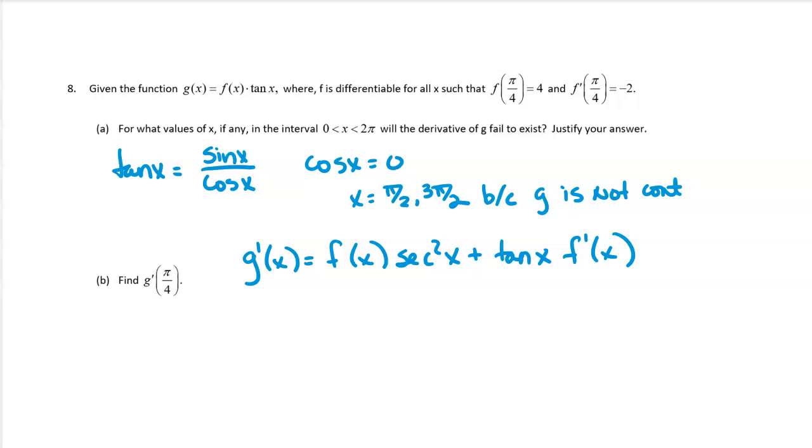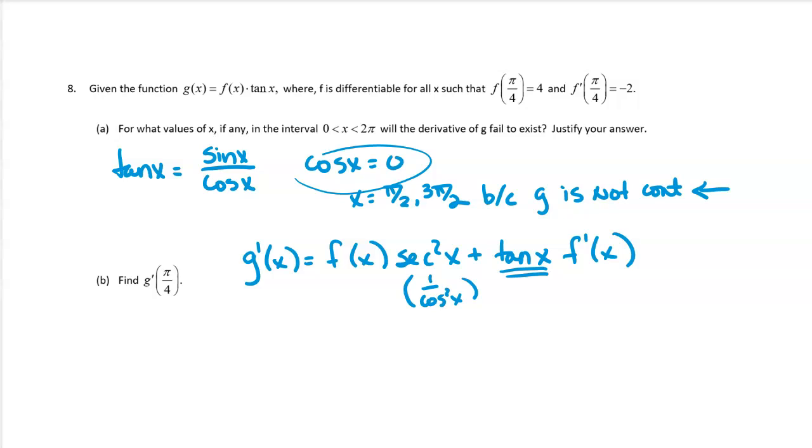We've already found where tangent fails to exist, so we don't need to do that again. Secant is 1 over cosine squared. And honestly, we took care of that up here when we set cosine equal to 0. So there we're done. It's just pi halves and 3 pi halves because the continuity and differentiability hit the same points.